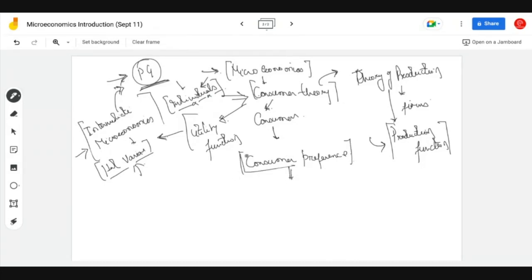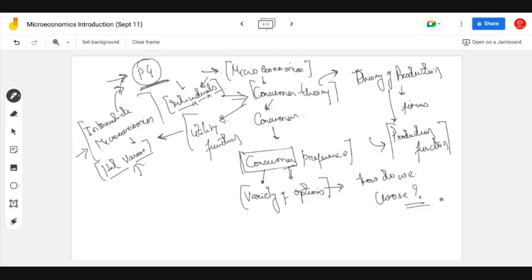As a consumer, we consume something, and there are multiple options in the real world. So the question is, how do we choose from various things? Therefore, we say that the consumer has a preference. Preference means priority or selection over other things.